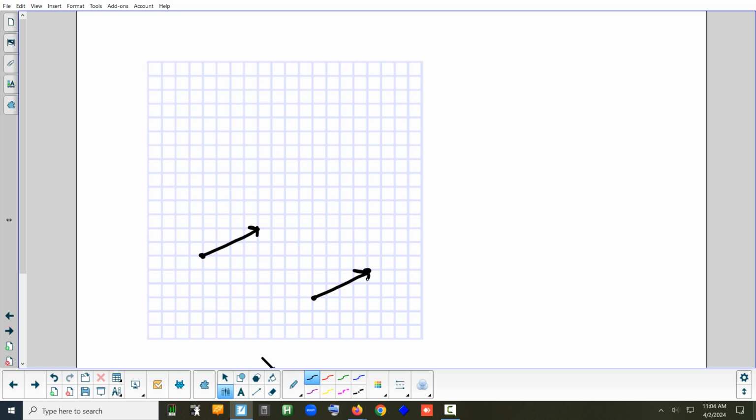They both go over and up the same, and that's all that has to be true for vectors to be equal. They do not have to start and stop at the same points. This one has a different start point than this one, and it has a different stop point. But you still go over 4 and up 2, over 4 and up 2.